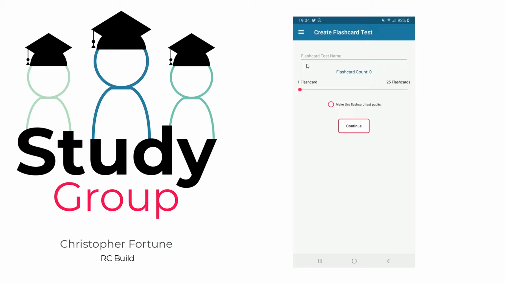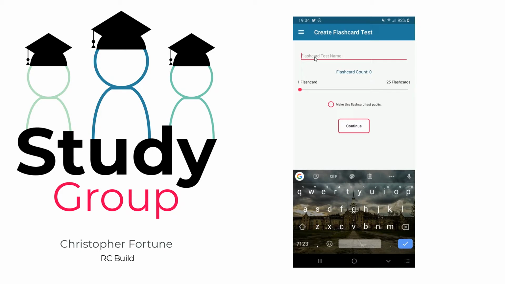From here, if we press add and enter a test name, we'll say Android Basics. We'll give it a flashcard count of 3. Okay, so from the previous build, you should be saying, well, there's something missing here, and you'd be correct.